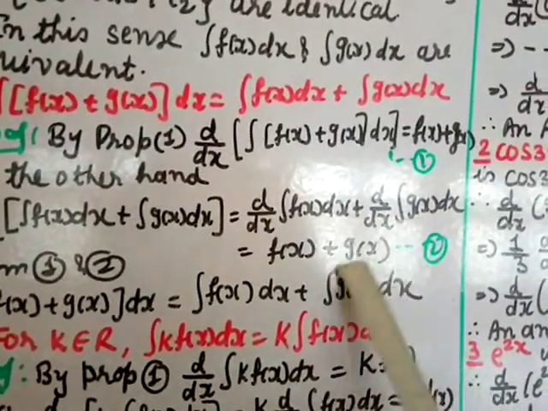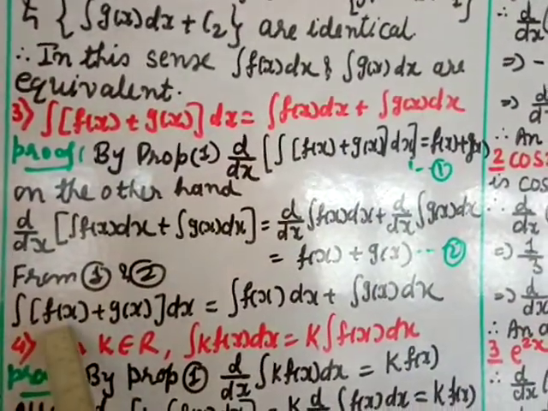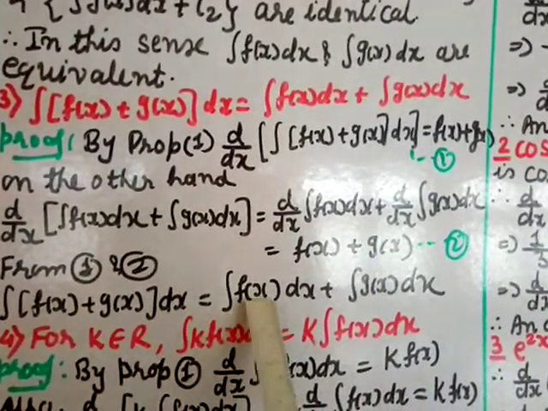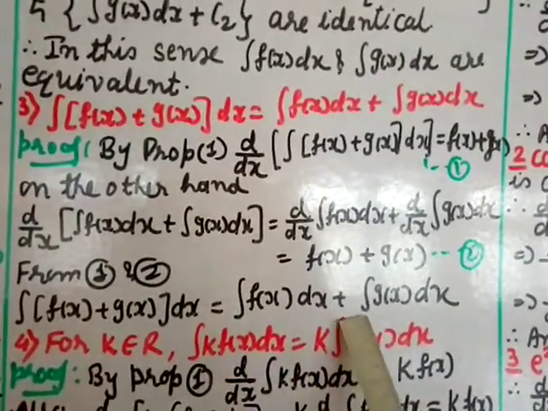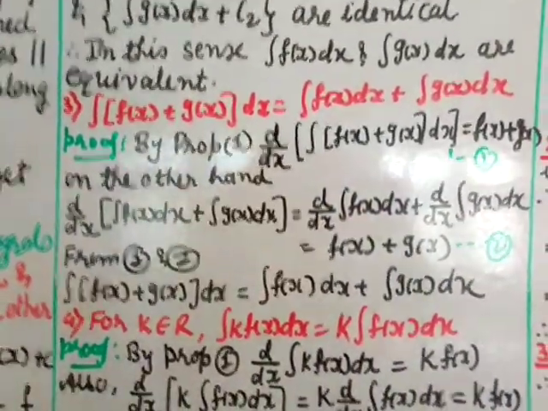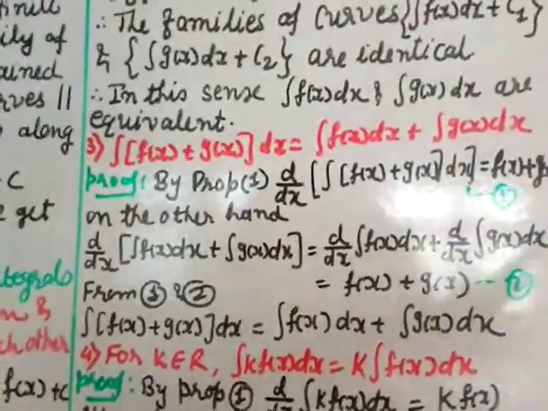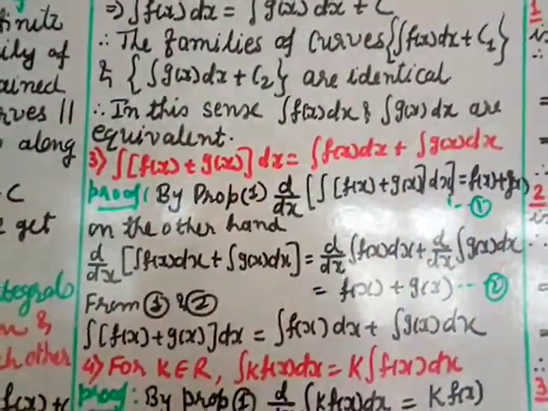The integral and derivative cancel, so g(x). So from 1 and 2, we can say that integral (f(x) + g(x)) dx equals integral f(x) dx plus integral g(x) dx. If it is negative also you can give, and if there are more than 2 functions, this property is also true. So in general it can have more than 2 functions and also negative values, not only plus but minus also.